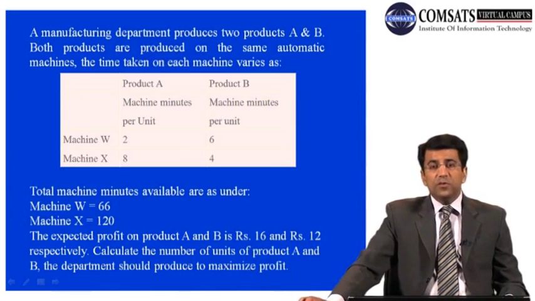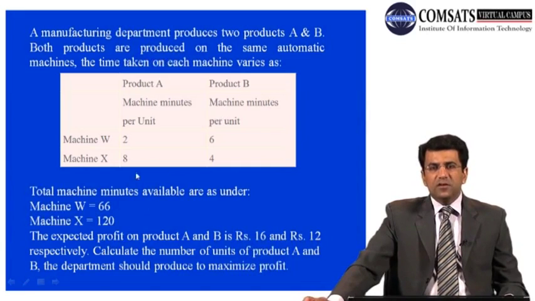Now as you remember, class, in the last lecture we discussed that the first step in order to solve linear programming problems, not only linear programming problems but any other problem, is to first analyze the situation. That means understanding what is meant by all the different values and information given in a particular scenario.